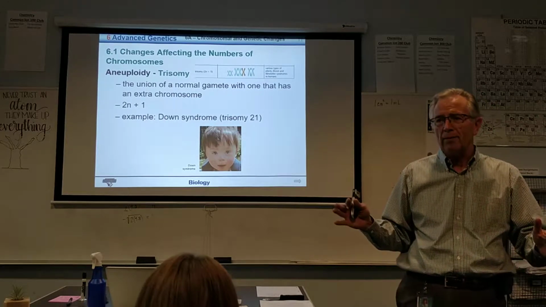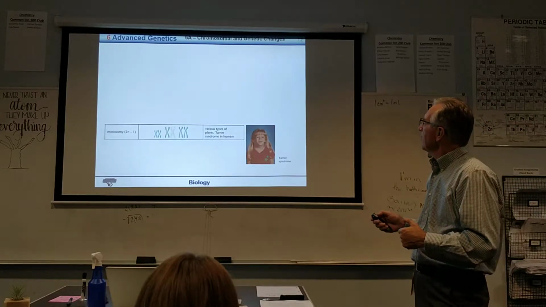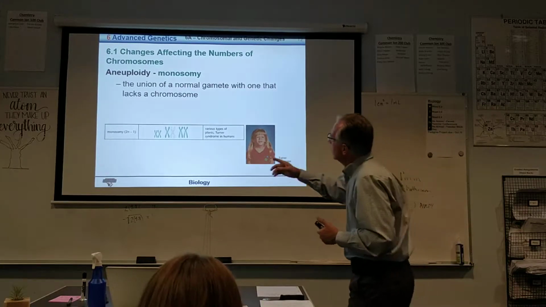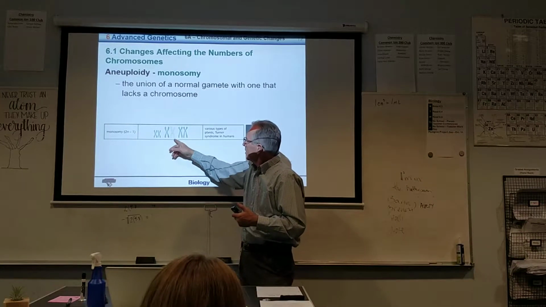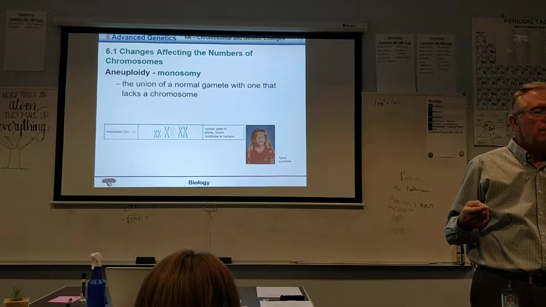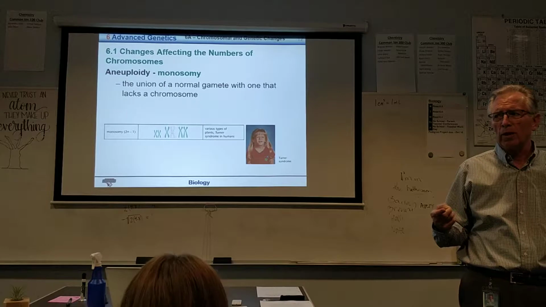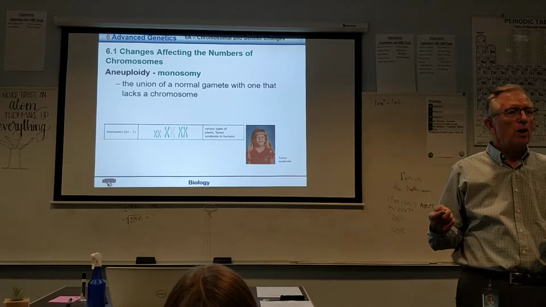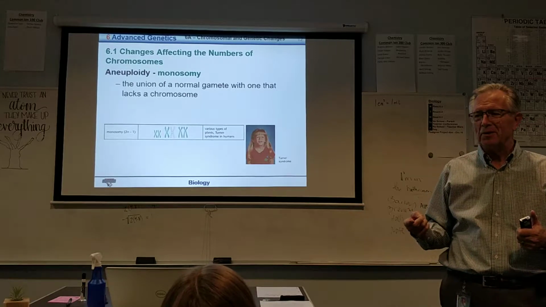Now, if you have one where they're lacking one of these, so we only have one of those, what's the prefix for one? There's a couple prefixes we use for one. What do we call a one-wheel cycle?